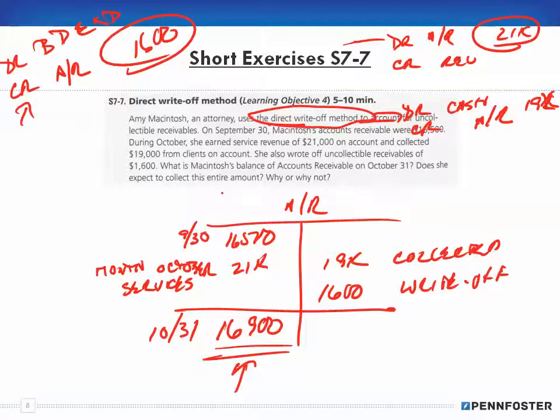Realistically, you're not going to collect this full $16,900. It's unrealistic to expect all of your customers 100% of the time to pay off their accounts receivable. You're always going to have some kind of bad debt in there.